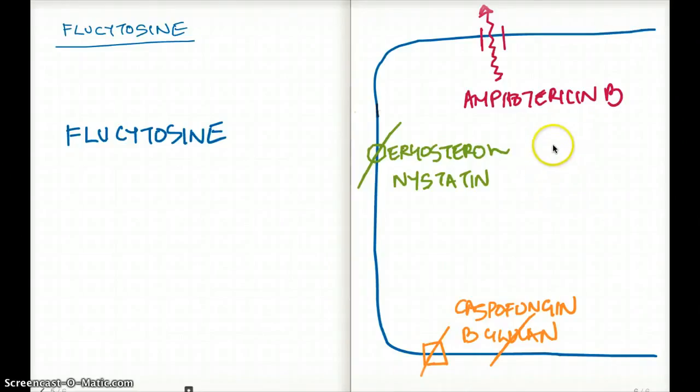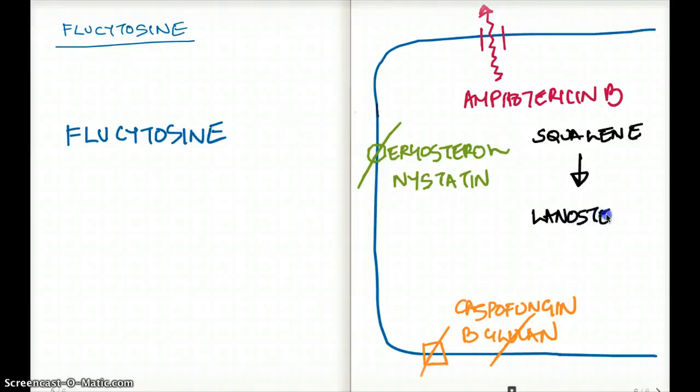Now, inside the fungal cell, we have a compound called squalene. Squalene is converted to lanosterol. Lanosterol is again converted to ergosterol.